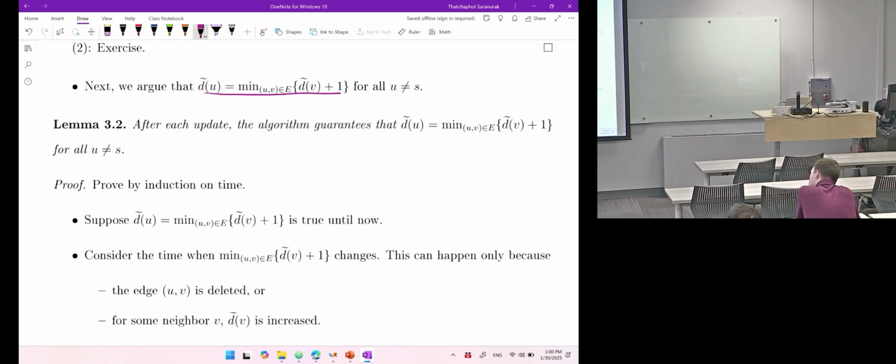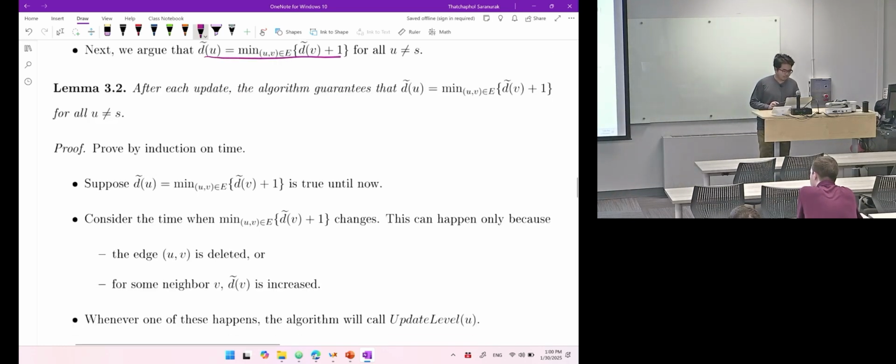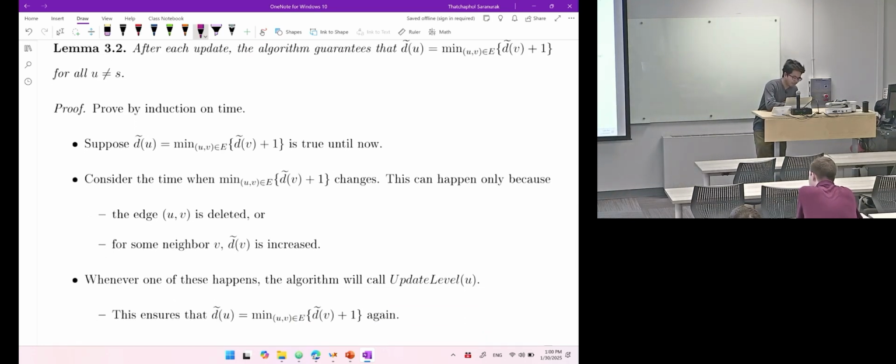For example, when we delete an edge UV, or the level here changes. But whenever one of these things happens, you just immediately update the level to guarantee that this thing is true again. Okay.